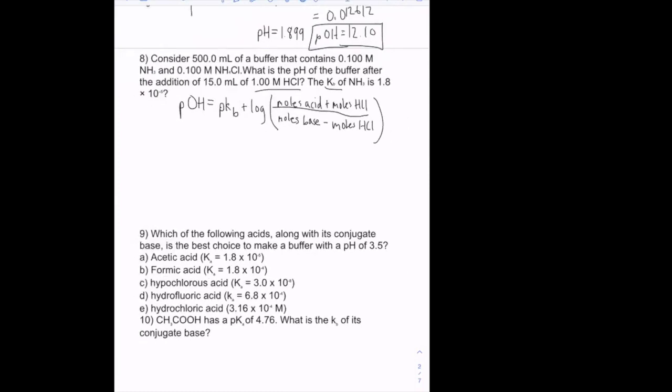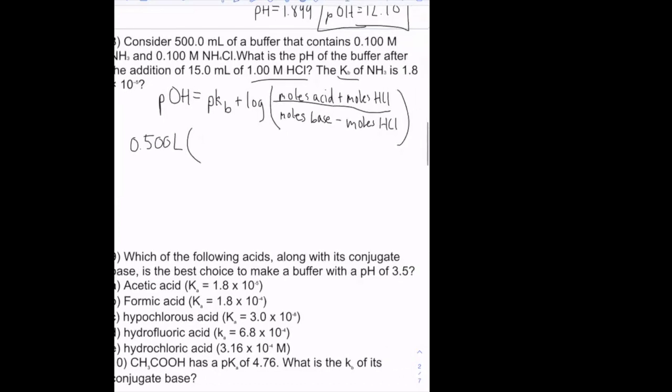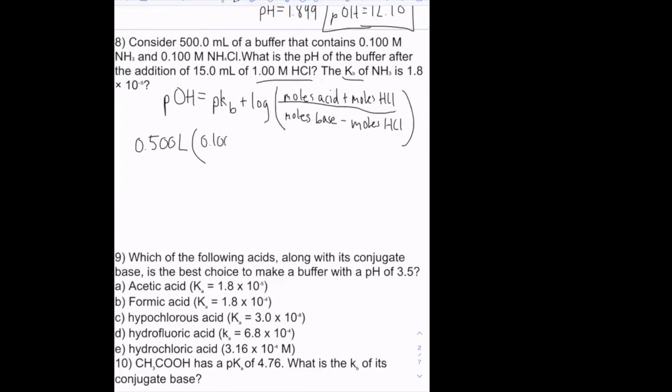Basically, first of all, you're going to have to do some converting, converting these things into moles instead of molarity. You can use molarity as well, but I think for these problems, because you end up having volumes cancel out, I'm just going to use moles over moles. To do that, we have 500 milliliters is 0.500 liters times 0.100 moles per liter, and that ends up equaling 0.050 moles.